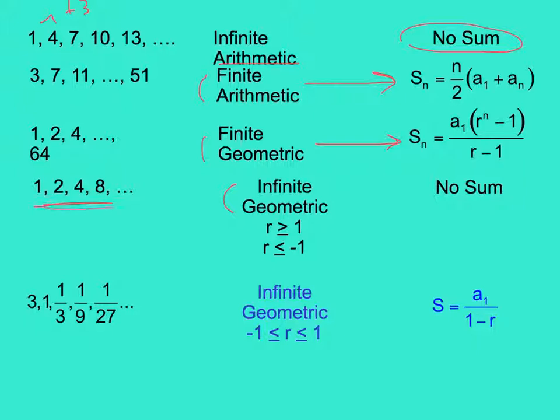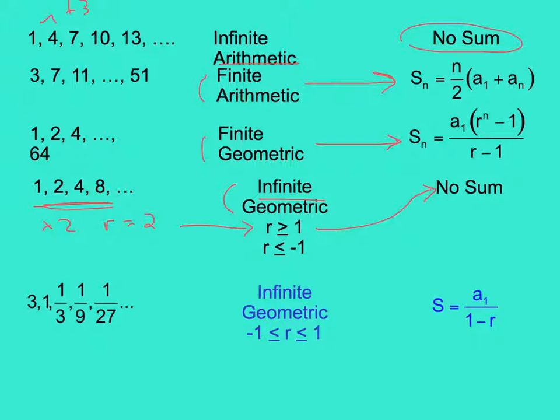Now, this one that's increasing by doubling means it's multiplying by 2, so therefore my R value is 2. That's an R value that's greater than 1, so that means there is no definite sum. If I keep adding to an infinite amount of terms, there's no certain number that this is going to.